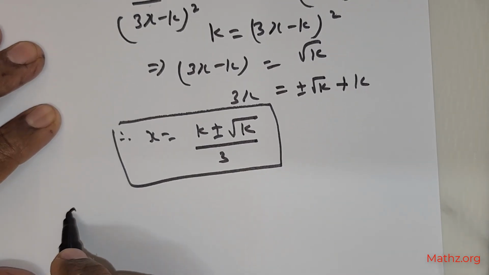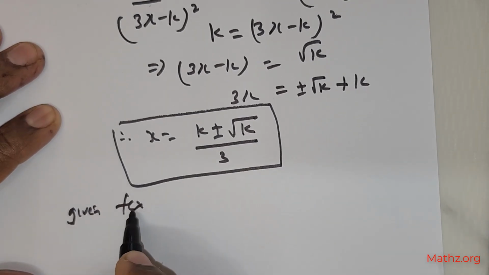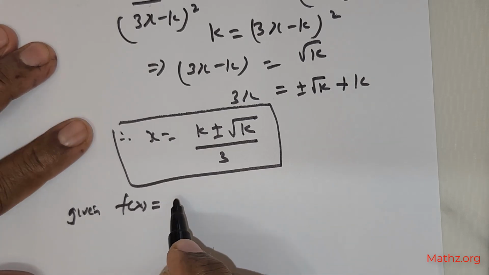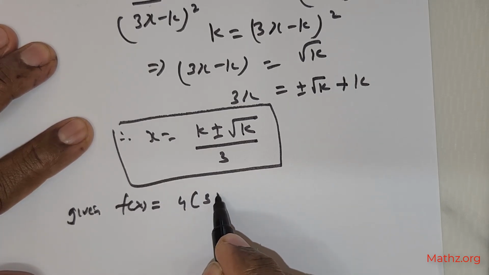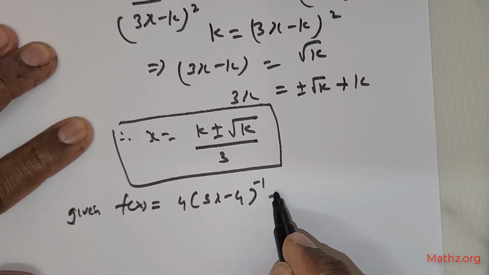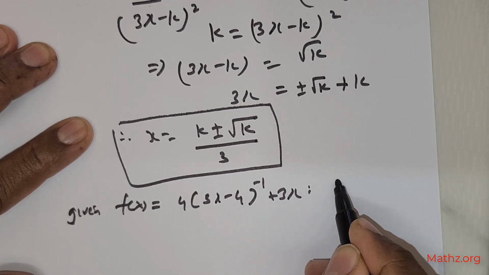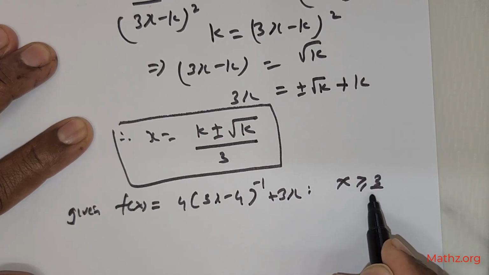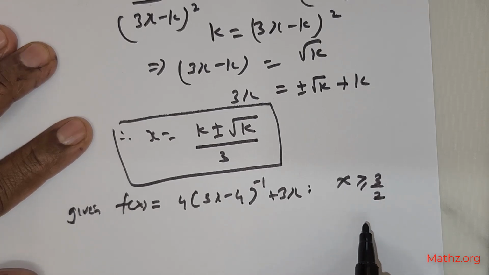Now the next part is we are given f of x equal to 4 times (3x - 4) raised to the power of negative 1, plus 3x, for x defined for all values greater than 3 over 2.